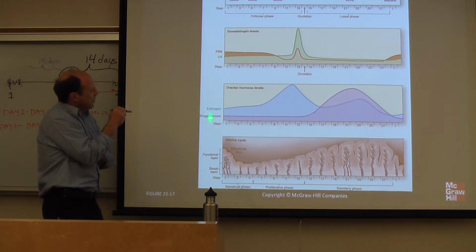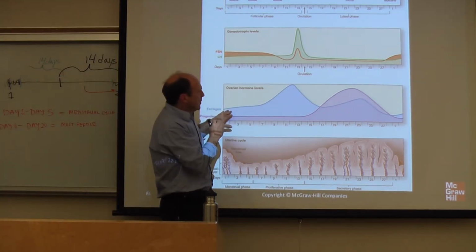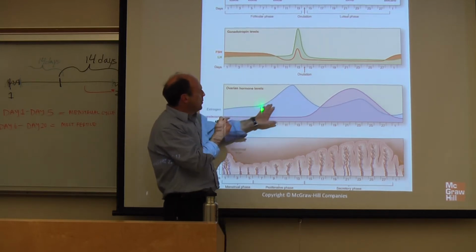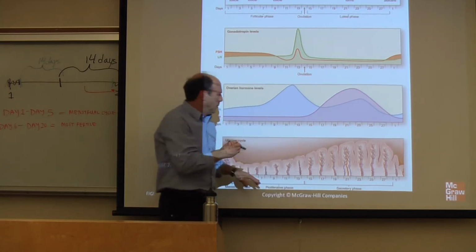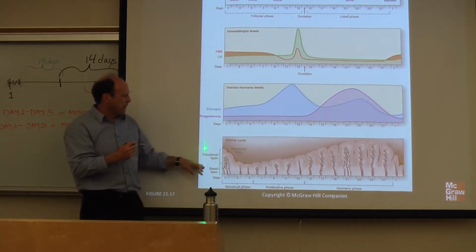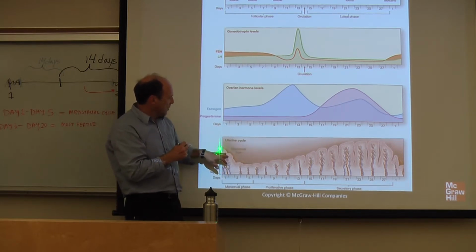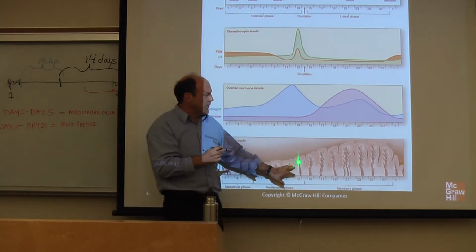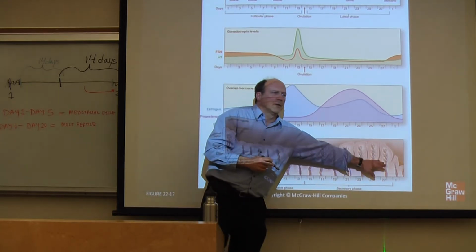And if you look at estrogen and progesterone, they have a different time course: estrogen is peaking a little bit before and progesterone a little bit after. But then physically, inside the uterus, the lining of the uterus is changing in its thickness.